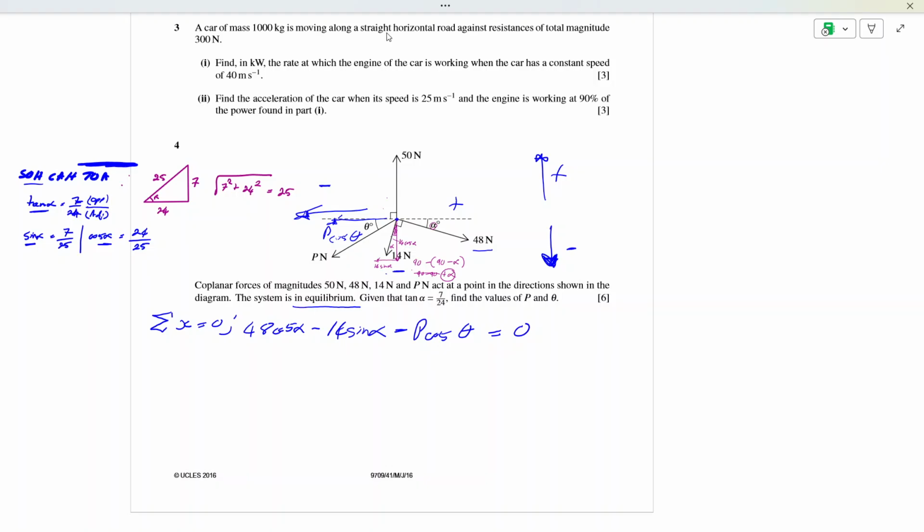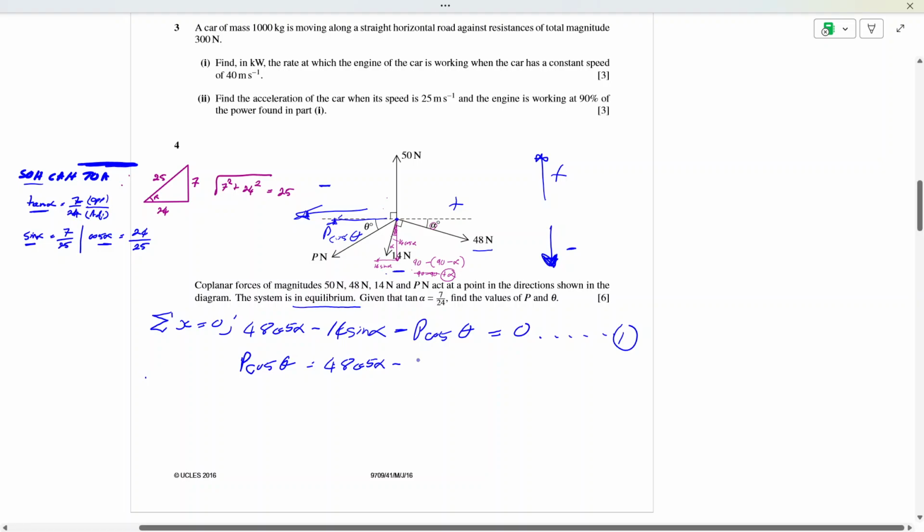That's my first equation. So I can make P cos theta the subject of the formula. Then you have P cos theta is equal to 14 sine alpha, like that. That's my equation 1.